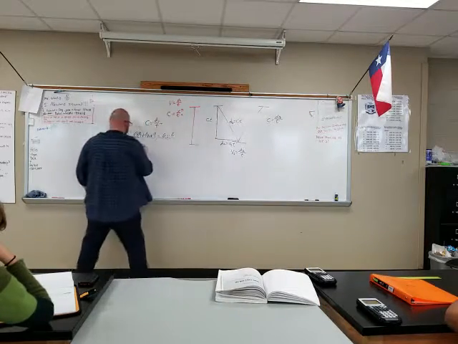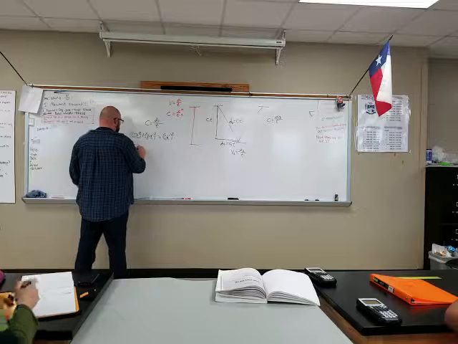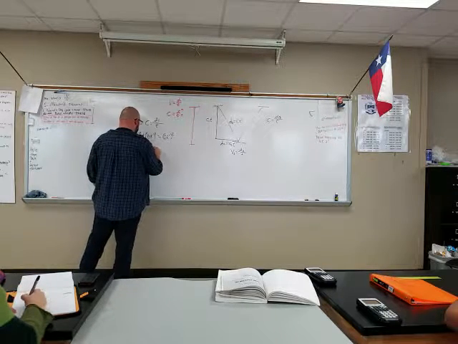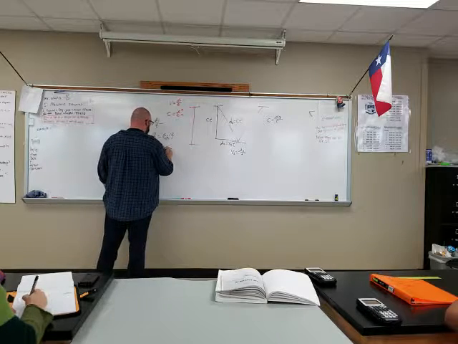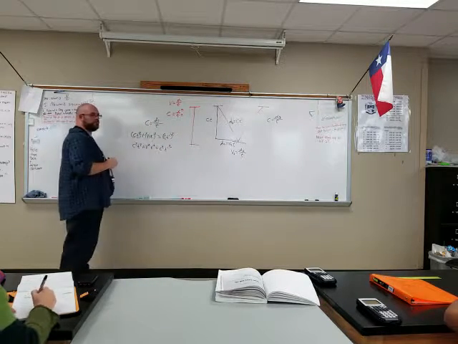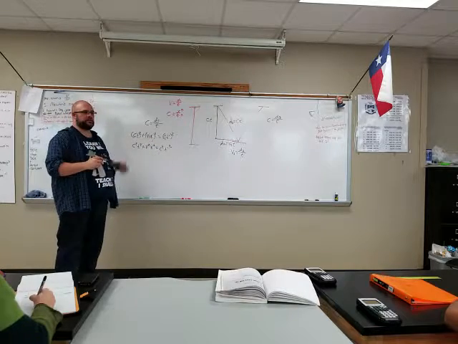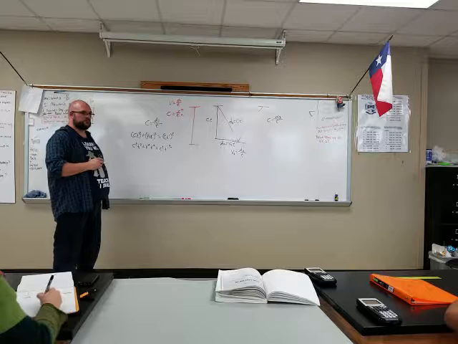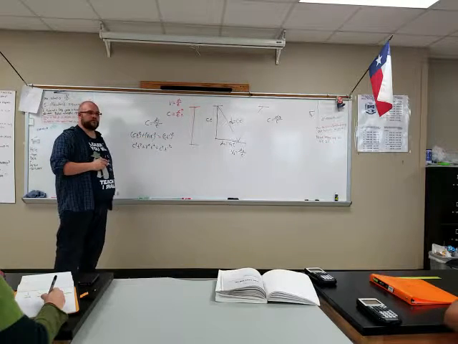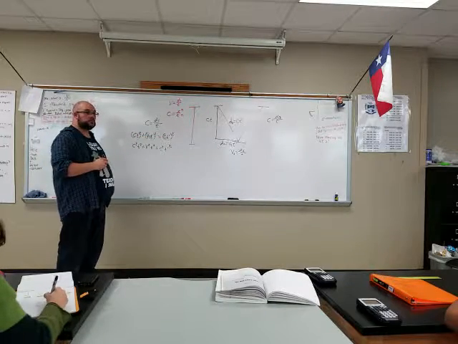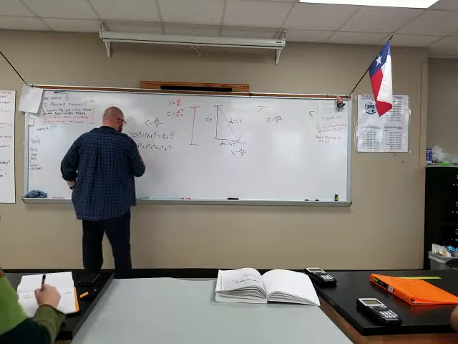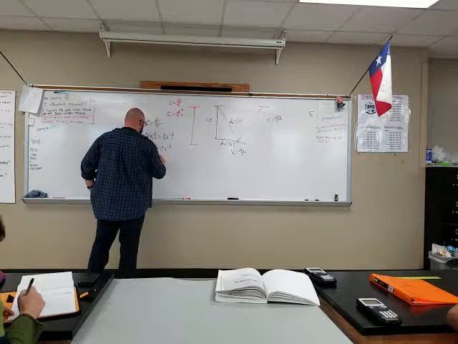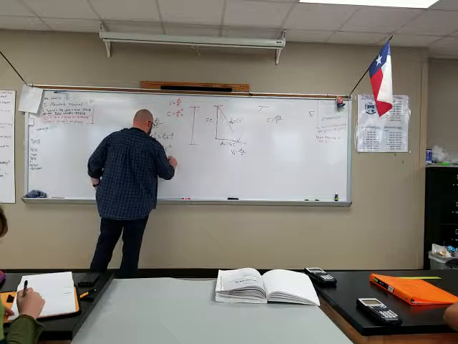So what we end up with is this: c squared t squared plus v squared t prime squared equals c squared t prime squared. That's just basically working the squares out. Good? I'm gonna subtract this over, so c squared t squared equals c squared t prime squared minus v squared t prime squared.